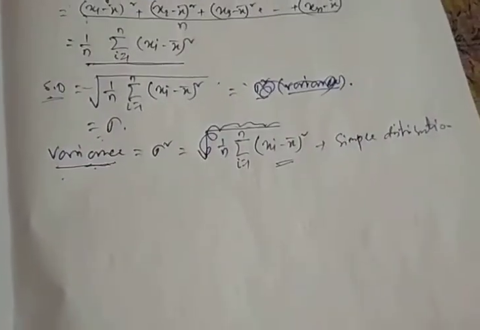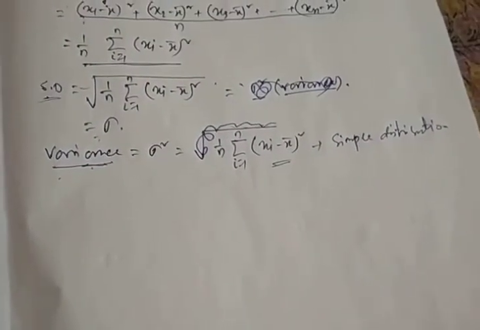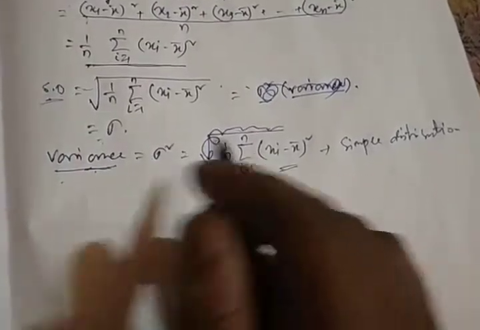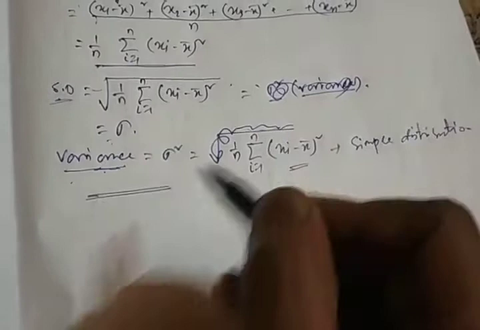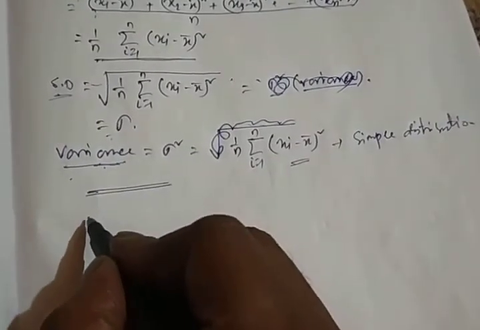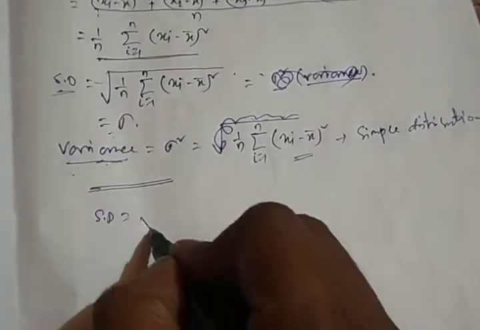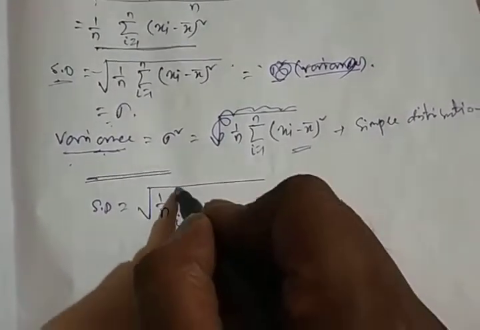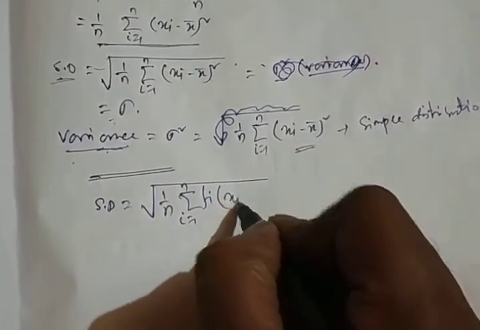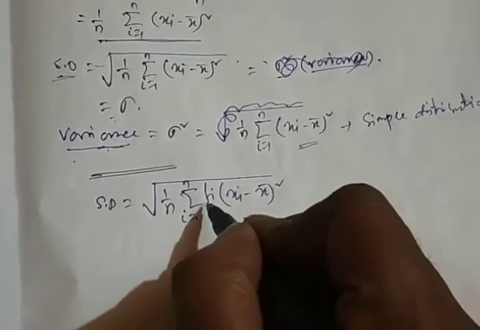Now for a frequency distribution, if the values have frequencies, the formula will be SD equals root of 1 by n summation i equals 1 to n of fi into xi minus x bar whole square.